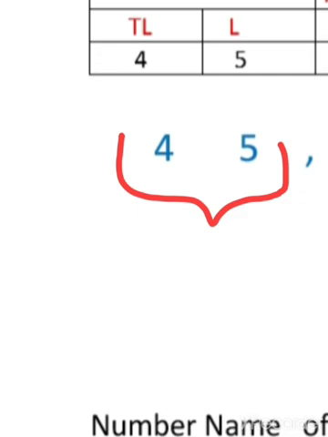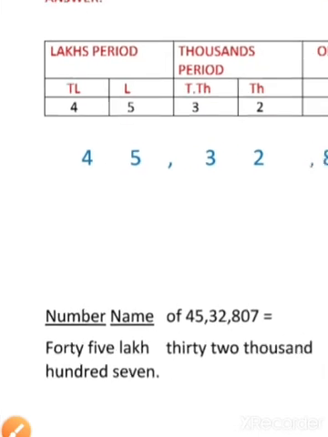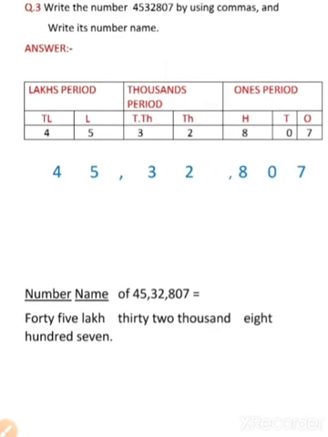What is the name of the period? It is lakhs. Okay, so we have to write in the number name 45 lakh. Now students, you can see the number name of this given number: 45 lakh 32,807.